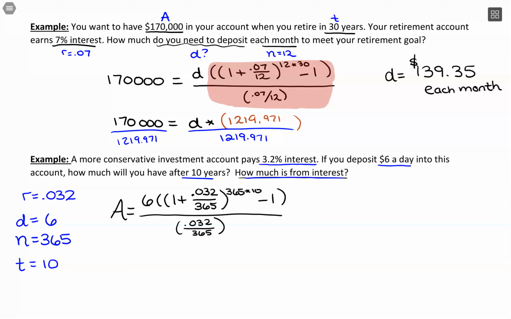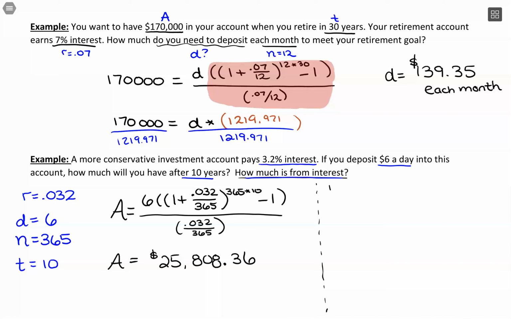And a good thing when watching these videos would be to try plugging this into your calculator yourself and make sure you can get the same answers out. If we do plug that in, that should be $25,808.36.